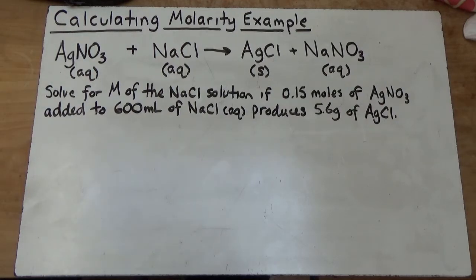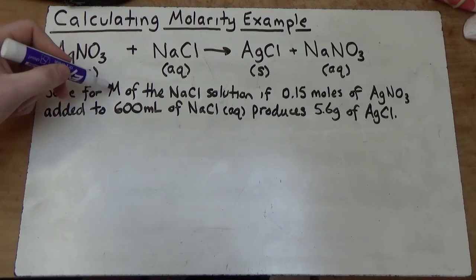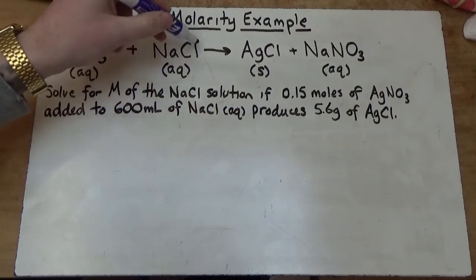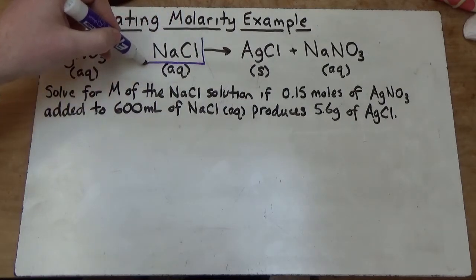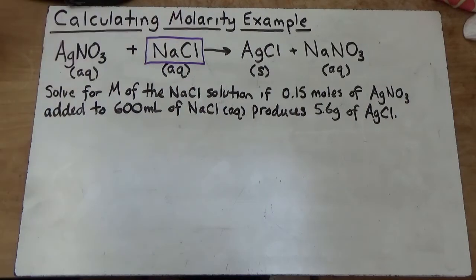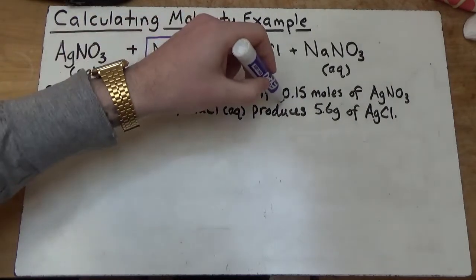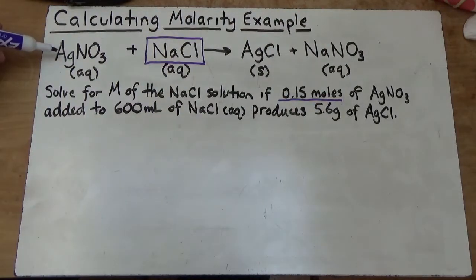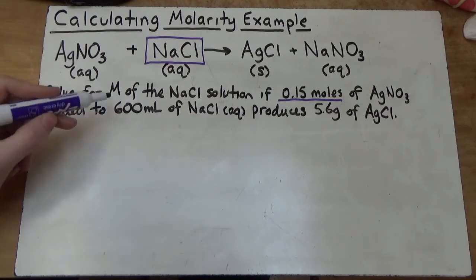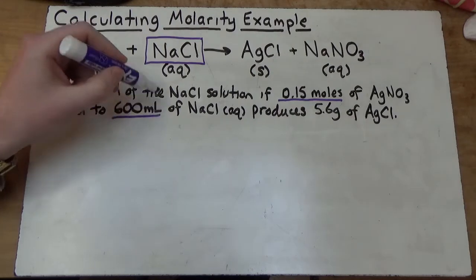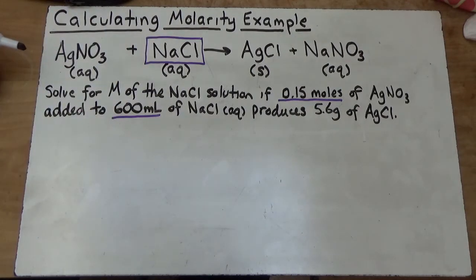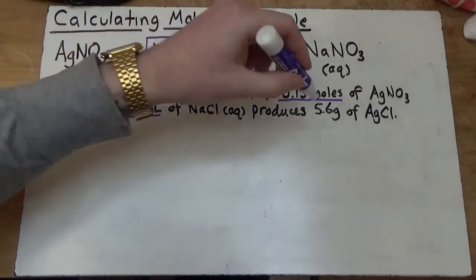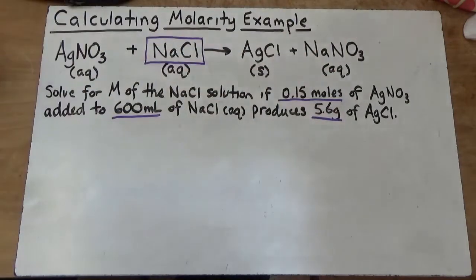So the problem says we're going to solve for the molarity of the NaCl solution. So we ultimately want to solve for the molarity of this if 1.5 moles of AgNO3 added to 600 milliliters of the NaCl solution produces 5.6 grams of AgCl.